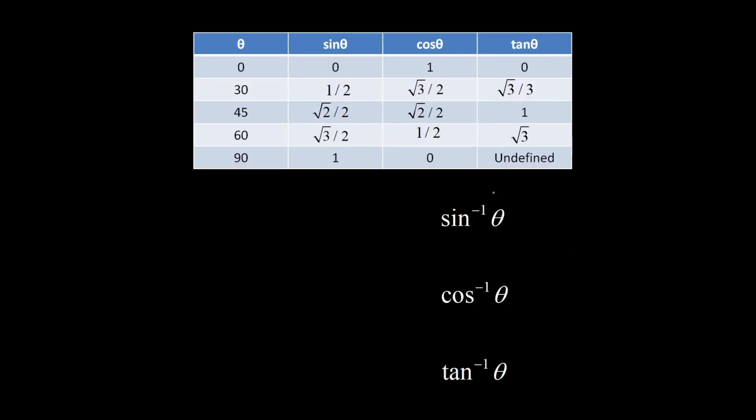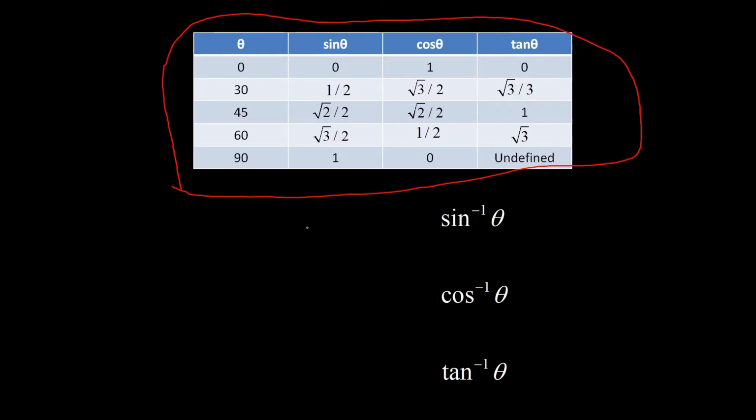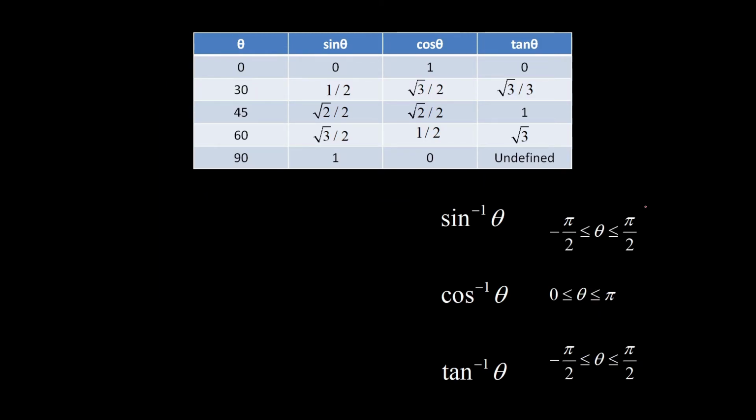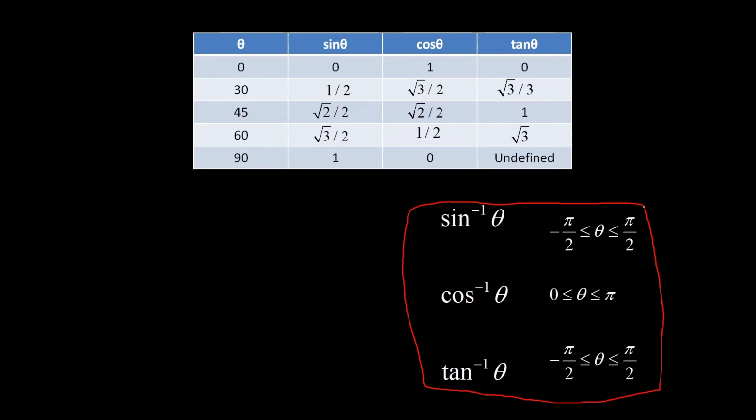So here's where we're at. That's important to put into your brain. This table is important to put in your brain. What's also important to put there are the domain restrictions for the inverse trig functions.